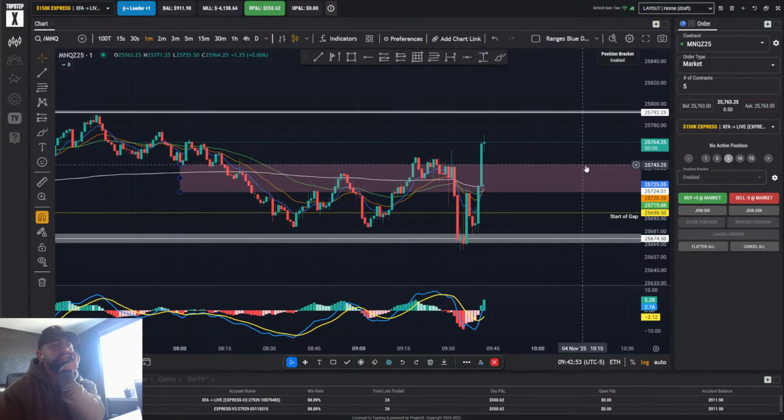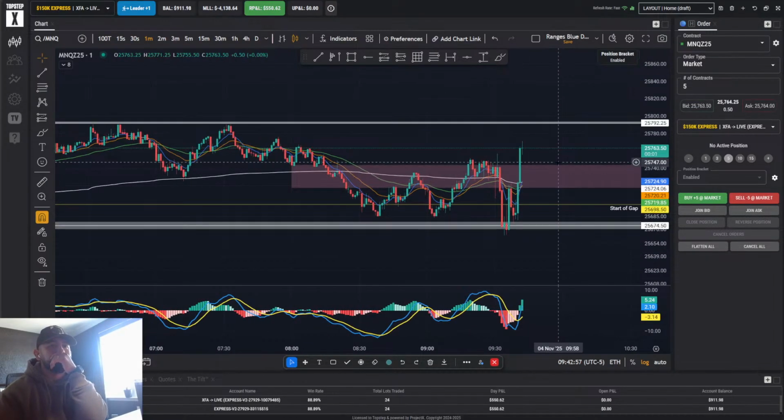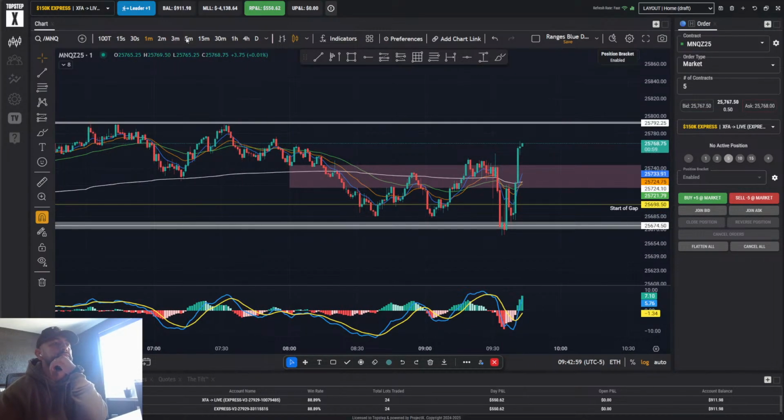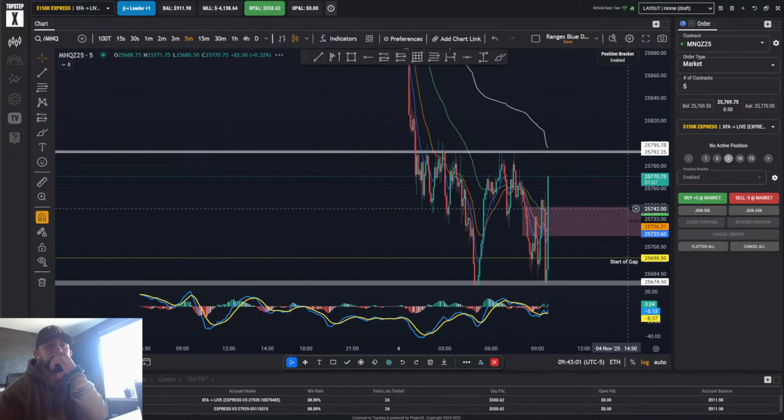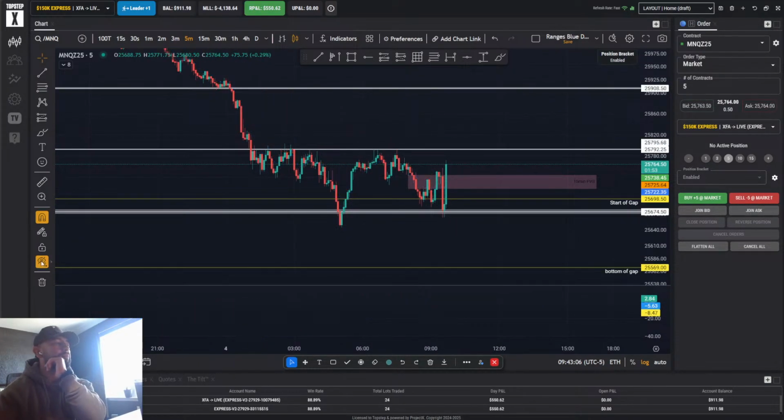I think I want to see a retest of the 50s here. Possibly take a long. Just coming up to the VWAP.